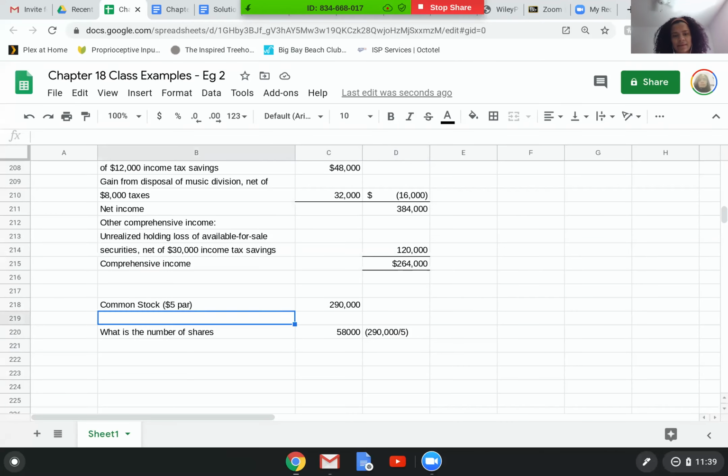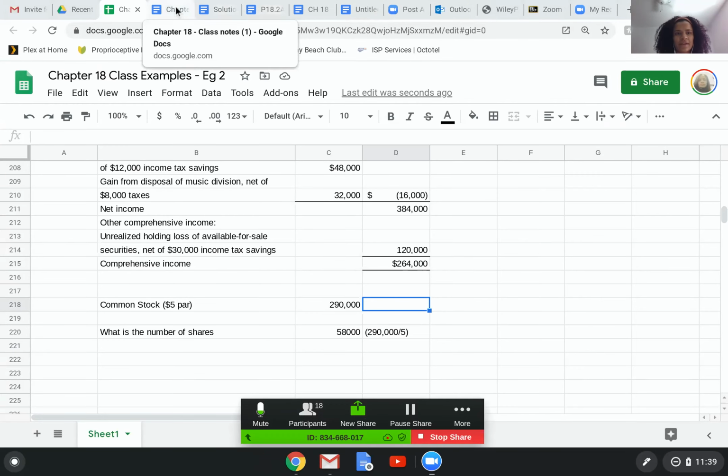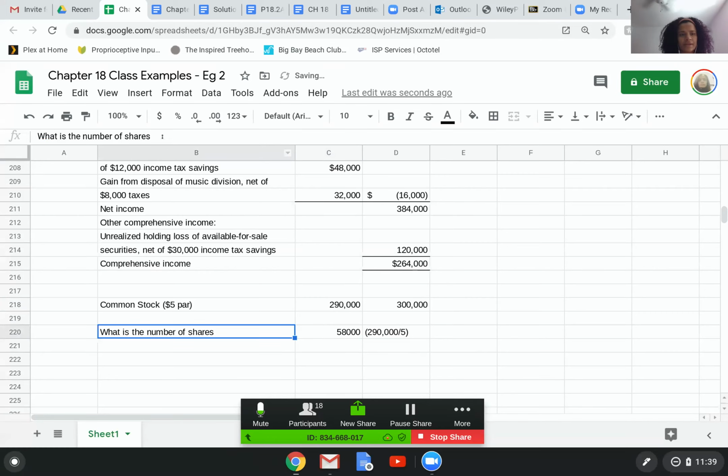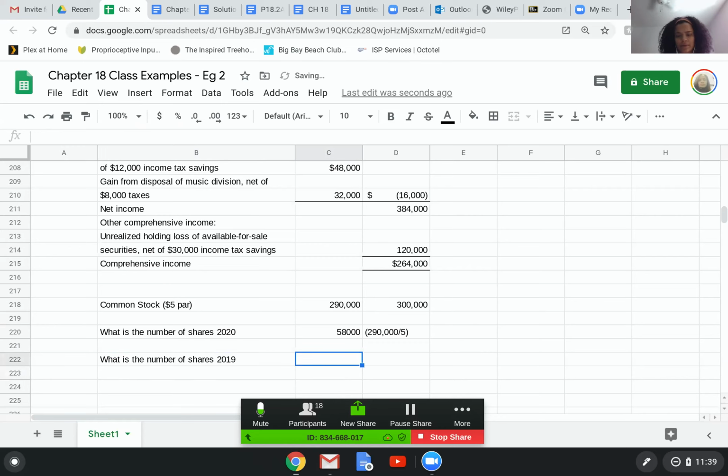I don't know if I necessarily agree with that, because weighted average number of shares is normally the shares for a particular year, but I guess that's the approach that the book is choosing to take. So 300,000 is the other. So this is the number of shares for 2020. So what is the number of shares now for 2019? We're going to go with 300,000 divided by 5. All right, 300.